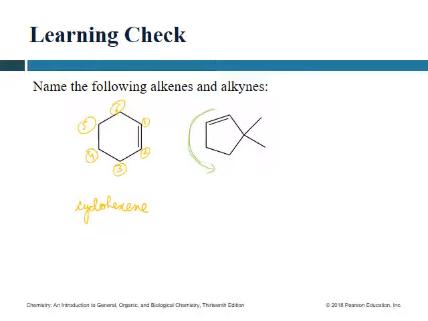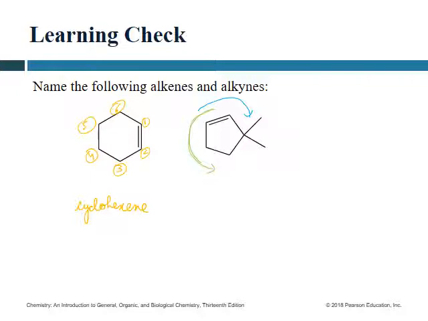Whereas if I start from this side, I make this as 1 and I start numbering in this direction, my substituent will get a smaller number. So basically you don't always have to number it, you could just figure that out by working with the structure. Okay, the more you practice, the more you would figure out how to put the numbers.